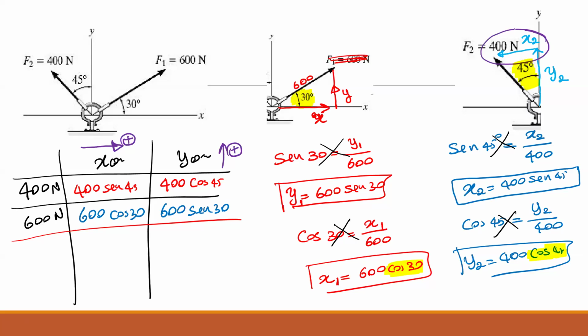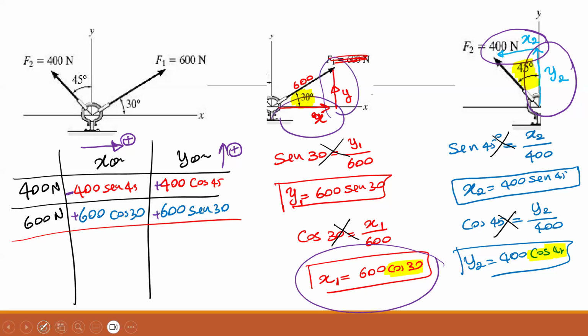It's negative. How about the y component? It's positive. How about the 600 x component? It's positive. The y component? Positive.